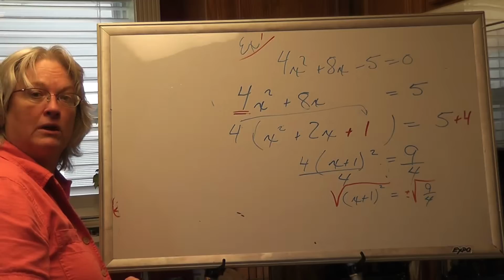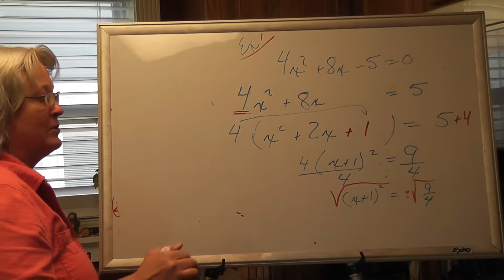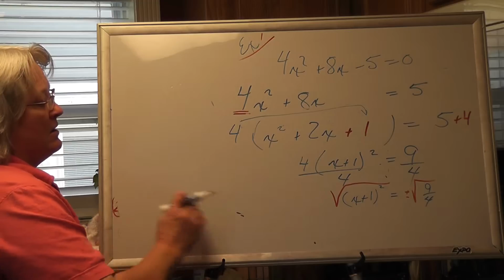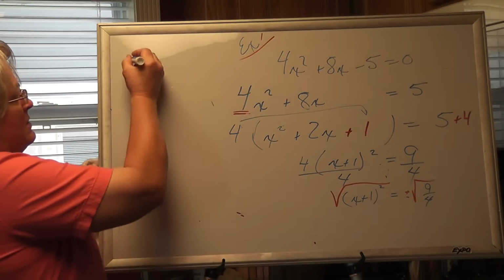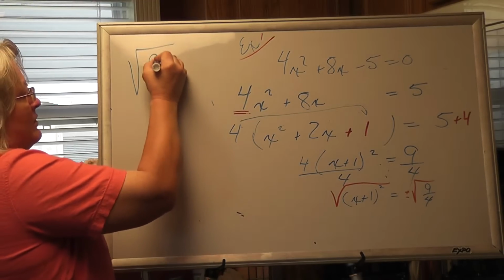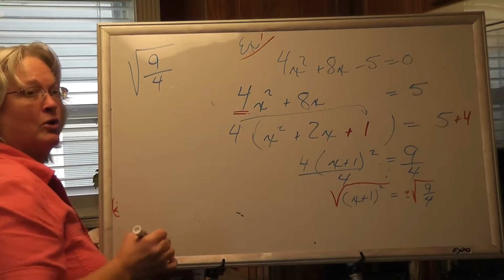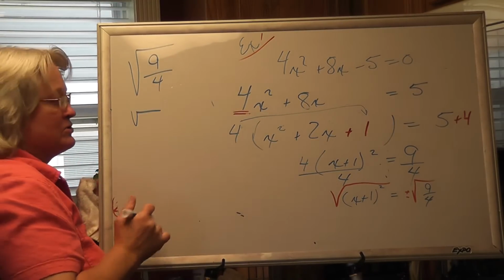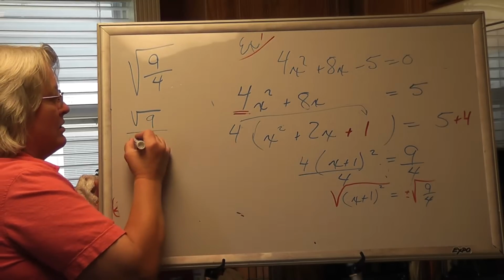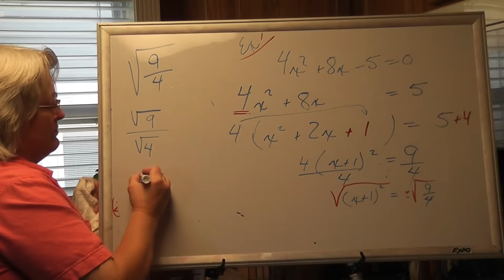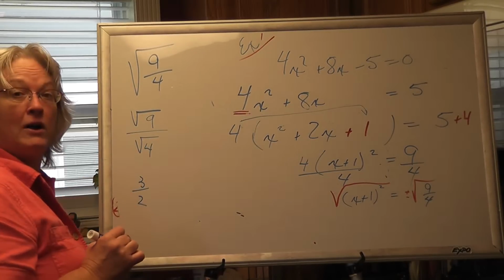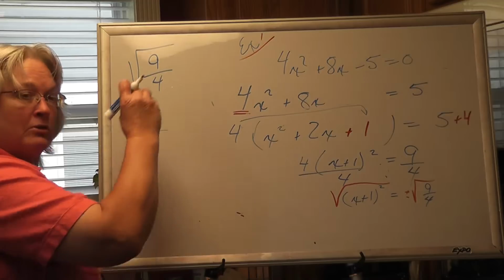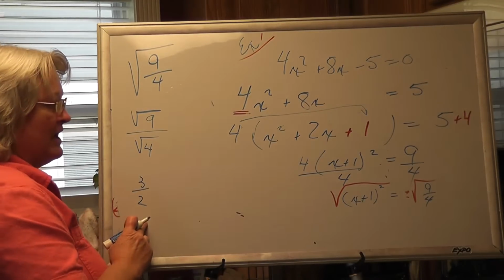Then we work down here to where we're going to take the square root of both sides of the equation. What we have here, we have the square root of 9/4. You're going to take the square root of a fraction. Now I can look at that and say the answer is 3/2. You can also take it as the square root of the numerator divided by the square root of the denominator to end up with the square root of 9/4 being 3/2.